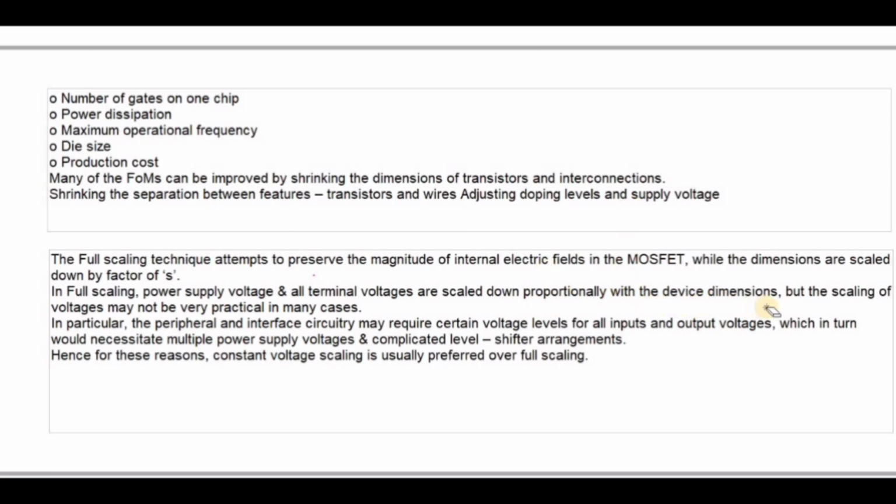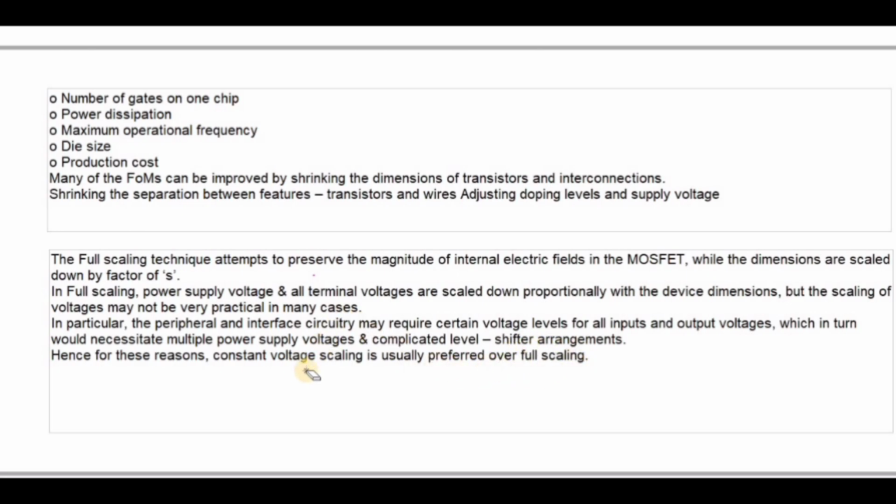But the scaling of the voltage may not be very practical in many cases, in particular with the peripheral and interface circuitry, which may require certain voltage levels for all the input and output voltages, which in turn would necessitate multiple power supply voltages and complicated level shifter arrangements. Hence for this reason, constant voltage scaling is usually preferred over full scaling.